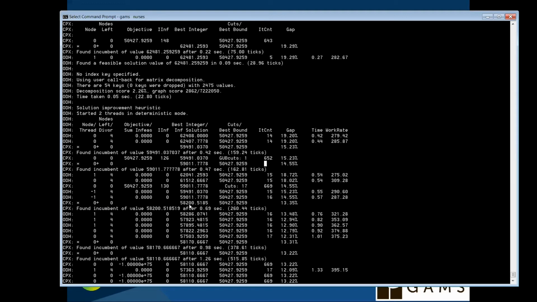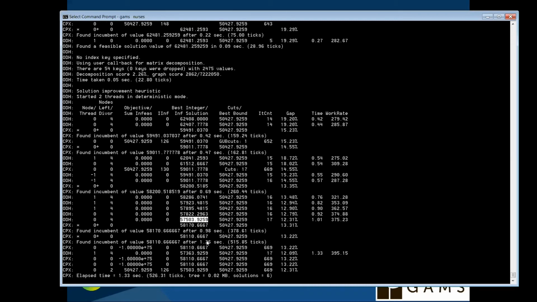So, right after CPLEX found a feasible solution of 58,200, ODH found one of 58,286, but then went on to improve it to 57,500. And that solution will be picked up by CPLEX, and it's picked up there. You can see that solution is better than anything that CPLEX has currently found.